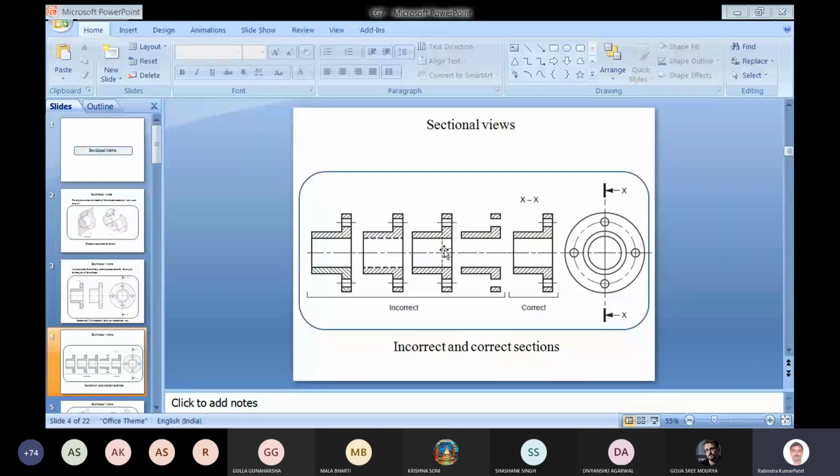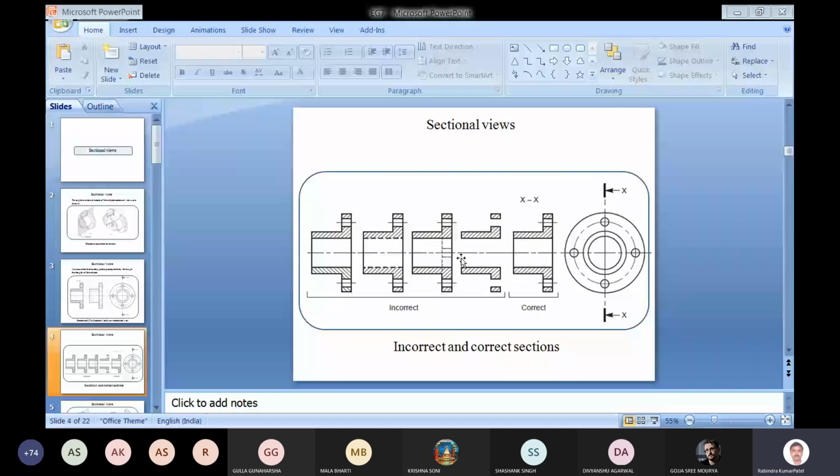In the section as well as other parts of the section portion, you should not draw the dashed lines, or hidden features should not be shown. And in this fourth problem, there are missing lines like here, here, here, here, here. So there are a number of missing lines. That's why this is not correct.